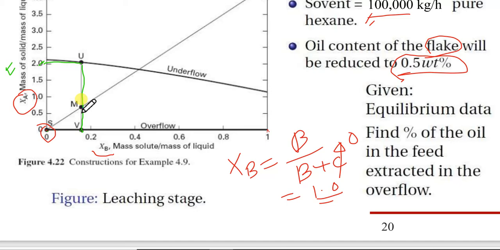Now this is overflow and this is underflow, so it is in reverse. So MV, overflow, U over V. So MV divided by MU.